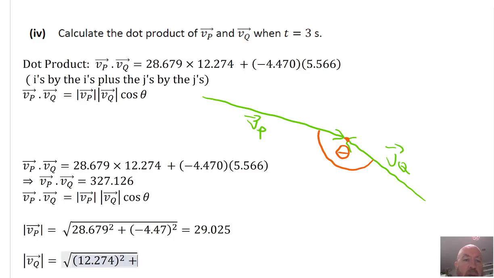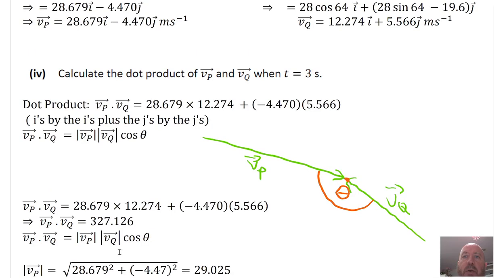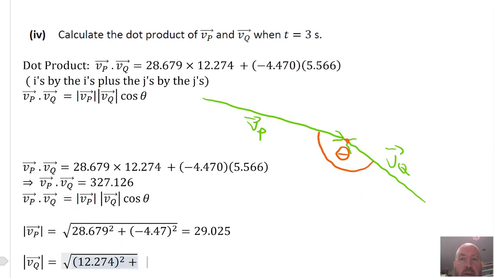And we get that answer: 12.274 squared plus 5.566 squared, and square root that gives us 13.477. 13.477. Cool.